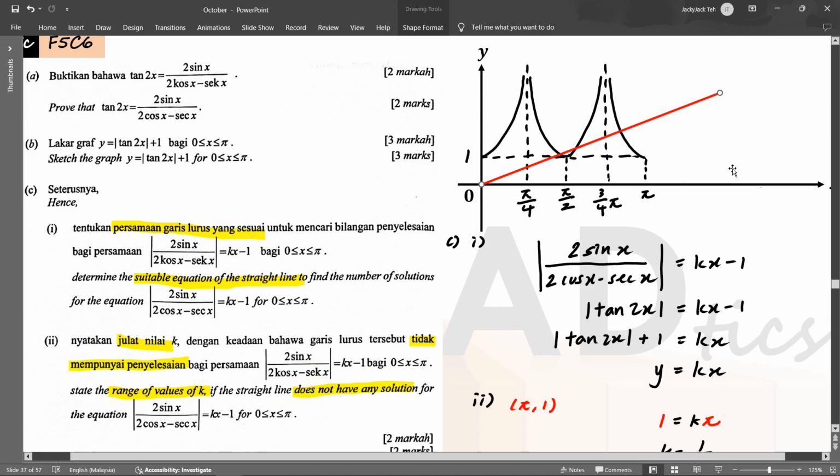If we go back to the line that we have, y equals kx, there is no y-intercept, or our y-intercept is 0. That's why the line starts here. As you see, if I move the line, all these parts will intersect the line until I have gotten below here.